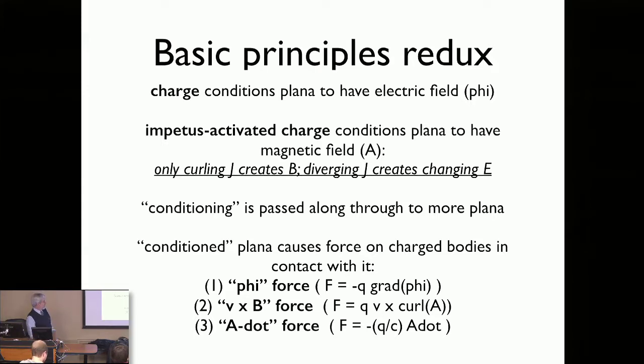But the thing to remember here is that then at the end you have phi and A, and if you have phi and A, you can calculate the forces on particles, which is what you often want to know: how this field generated by the source, what effect does it have over here on these things? So now that you have the cause straightened out, you have phi and A.